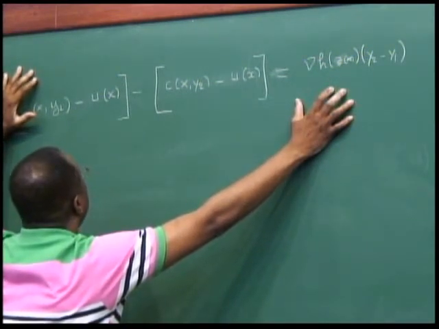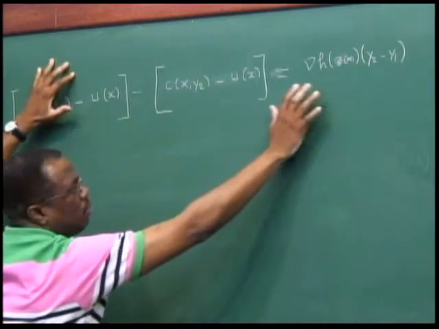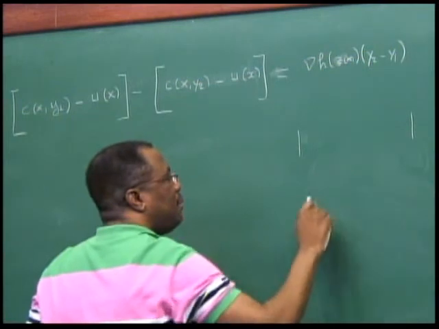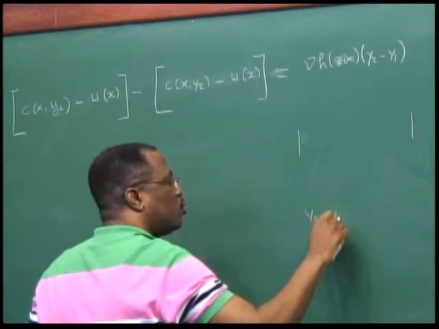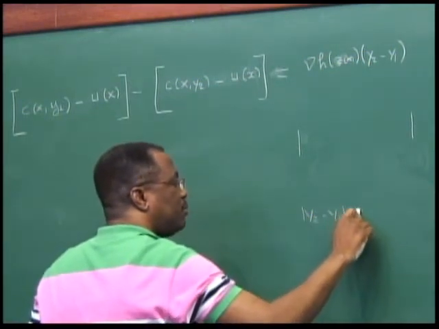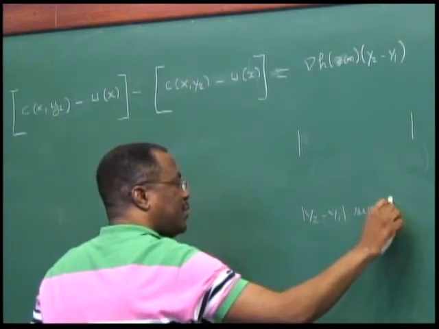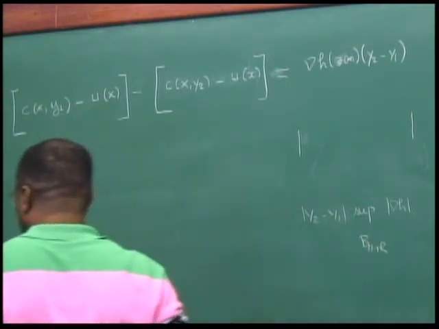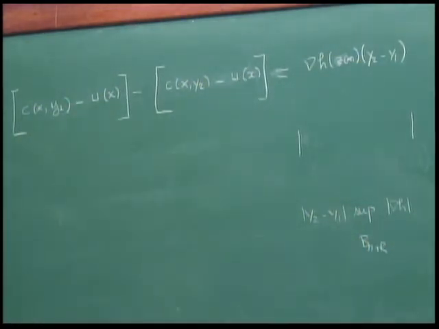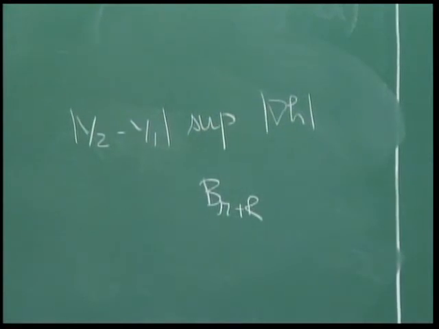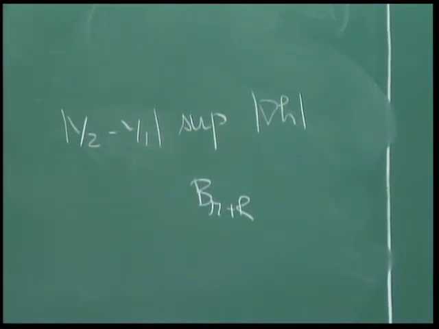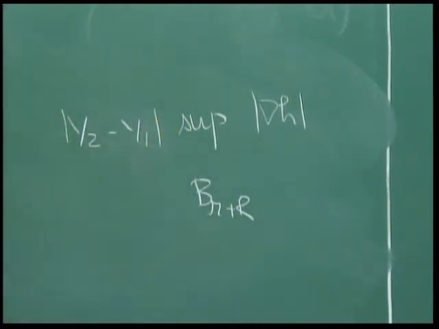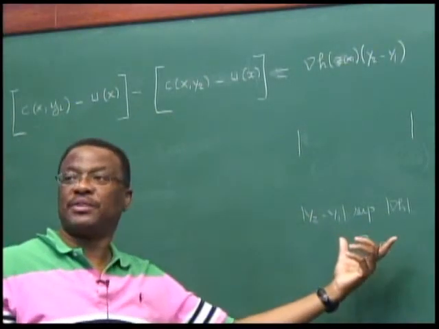And I am going to bound this absolute value by |y2 minus y1| times the supremum of the gradient of h over the ball of radius little r plus capital R. So I have two functionals whose difference is bounded by that. Therefore, the difference between the infimums will be bounded by this.